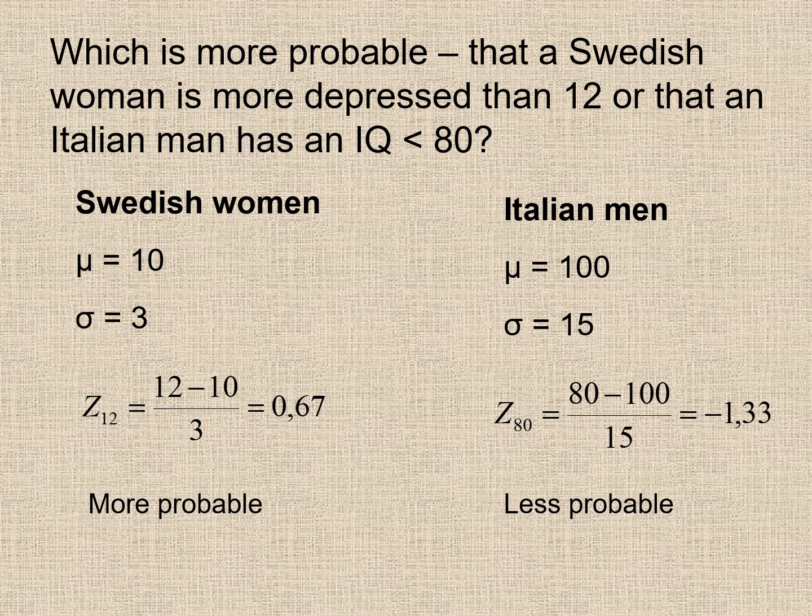So that outcome is more probable. So by transforming values to zeta values, you can compare them and say which of these two outcomes is more or less extreme. And from that, the outcome that is more extreme is less probable, while the outcome that is less extreme is more probable.